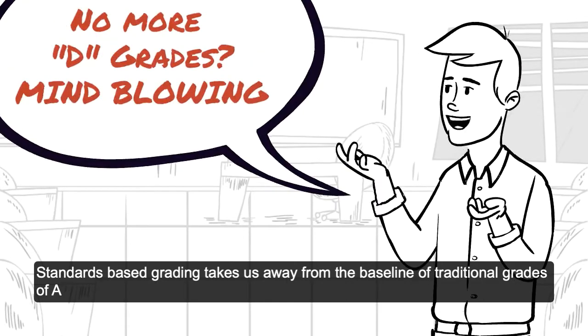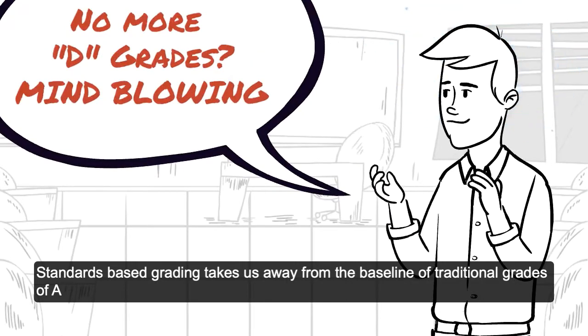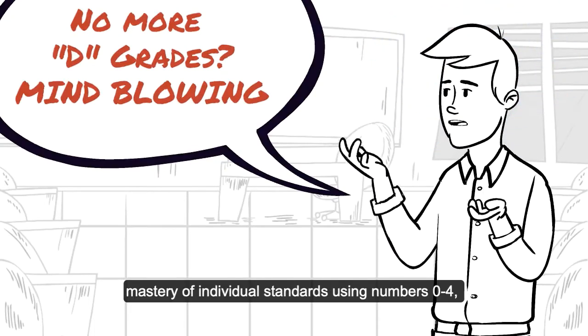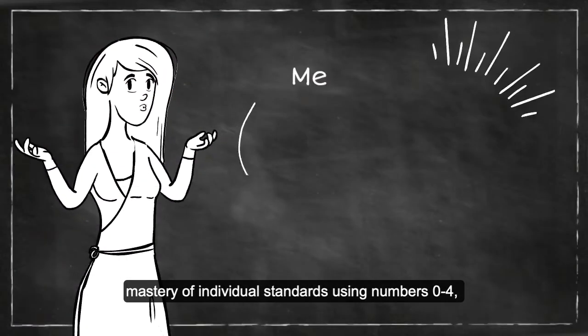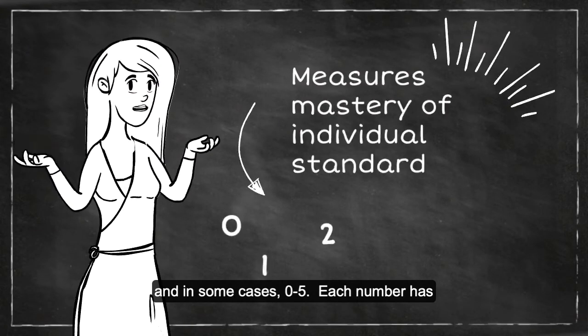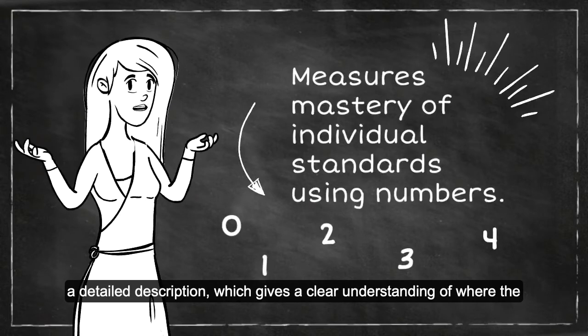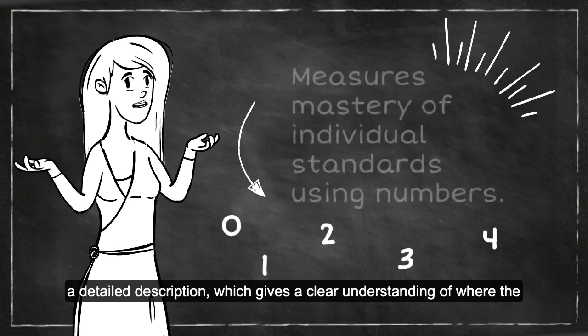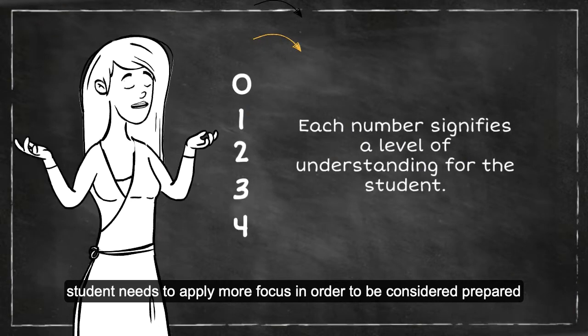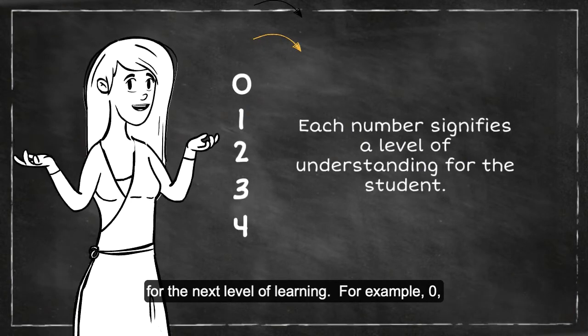Standards-based grading takes us away from the baseline of traditional grades of A, B, C, D, F. It measures mastery of individual standards using numbers 0 through 4, and in some cases 0 through 5. Each number has a detailed description which gives a clear understanding of where the student needs to apply more focus in order to be considered prepared for the next level of learning.